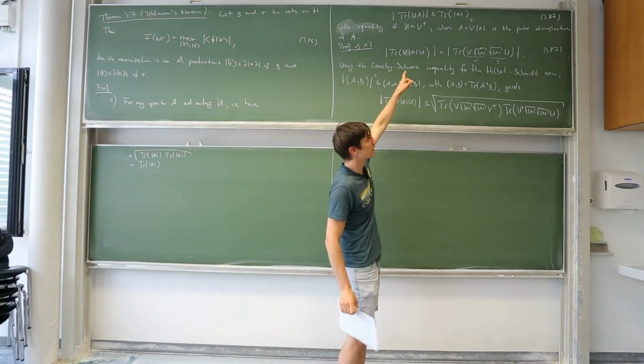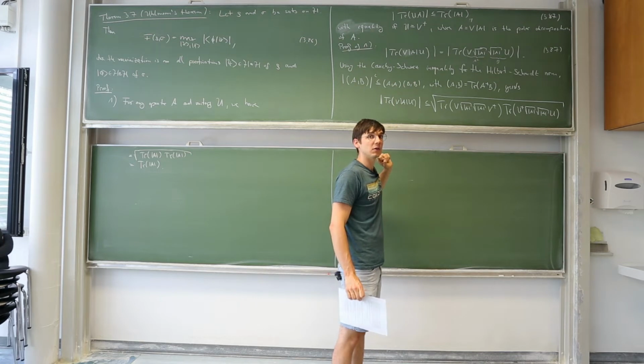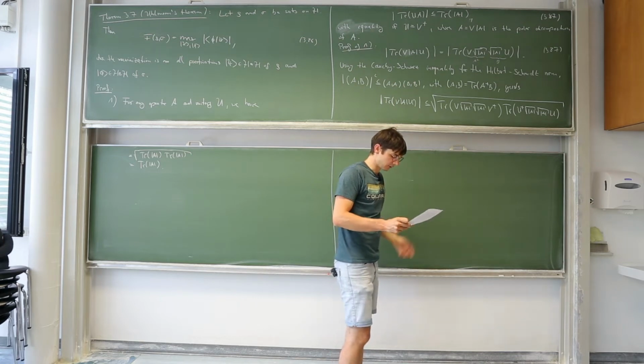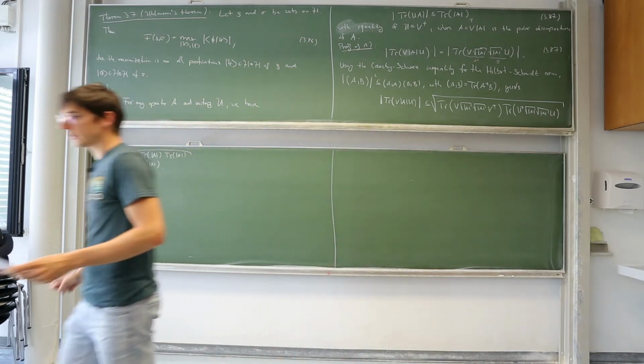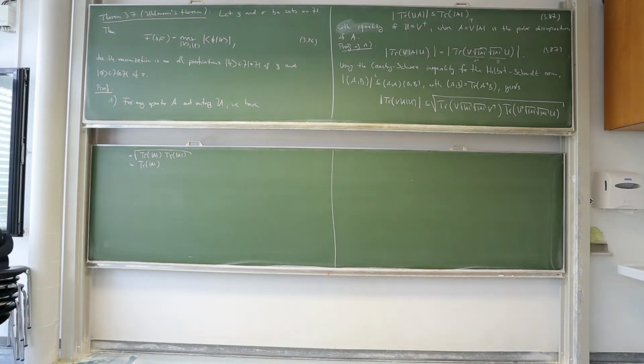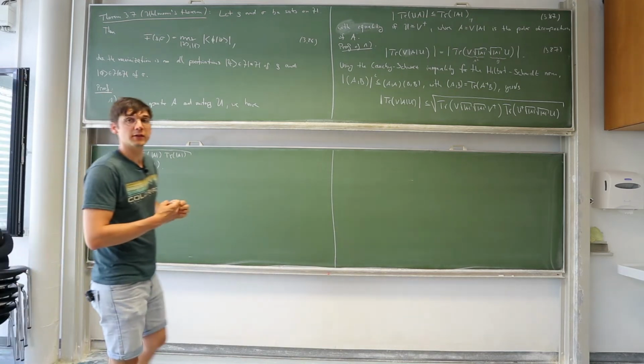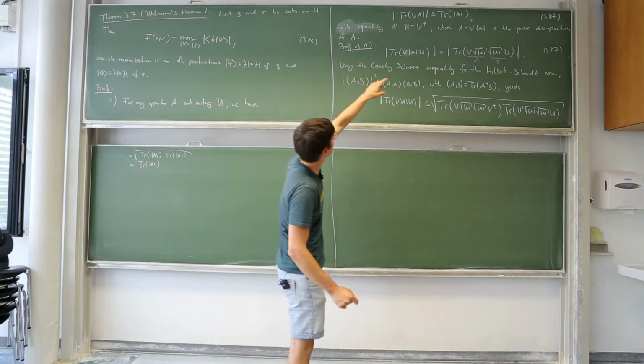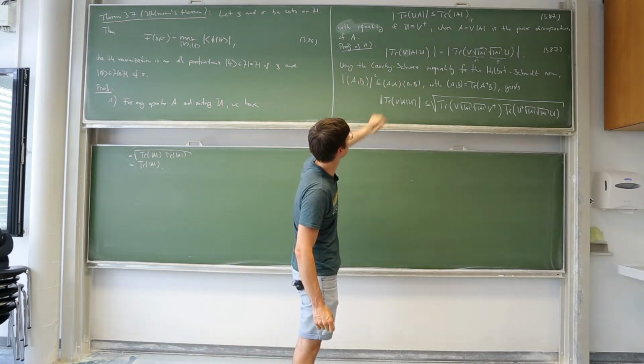If you now look at 3.87, what remains is the condition under which the inequality saturates, right? And it states that the inequality saturates if we take U as V dagger.